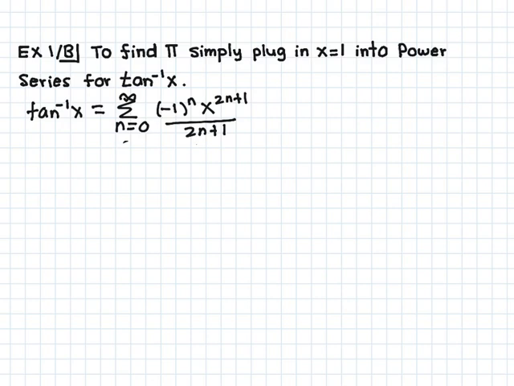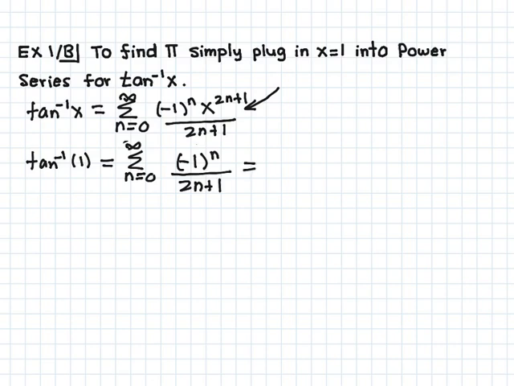Let's plug in x equals 1. So we get arctangent of 1 equals the summation of (-1)^n. Now plug x equals 1 in here. 1 to any power is just 1, so we don't need to write that. Divide by 2n+1.